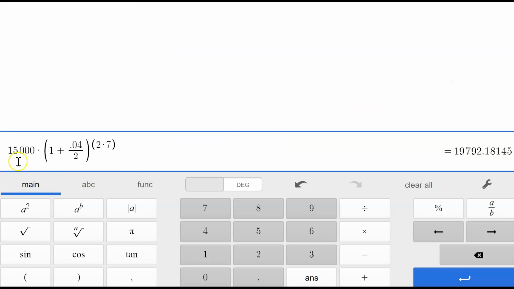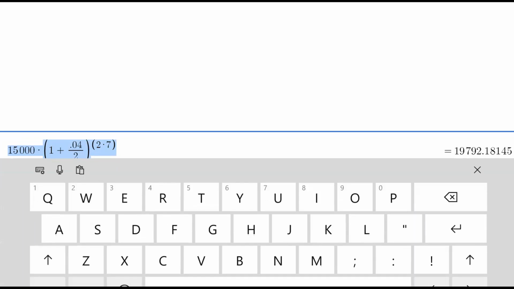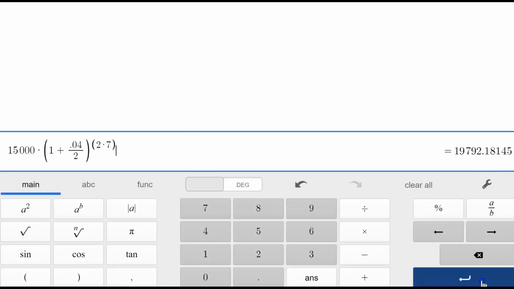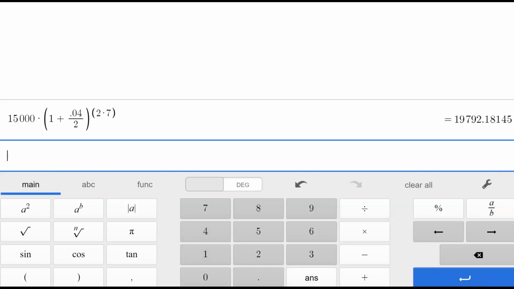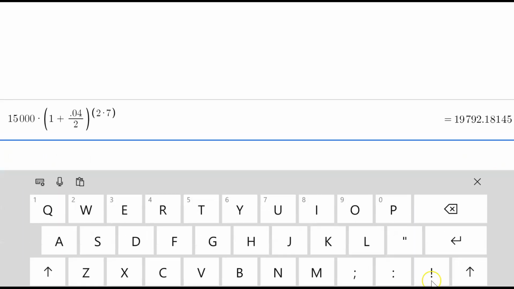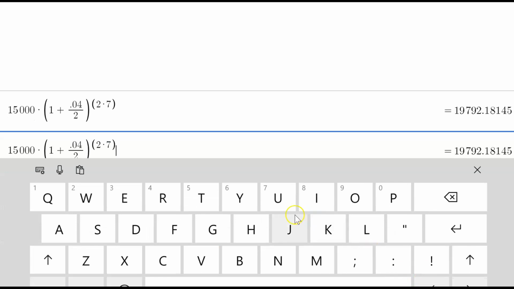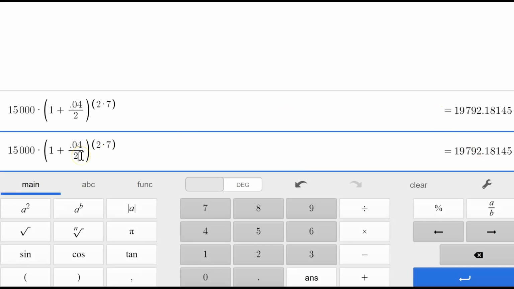Now for the letter B question, you are asked to find the accumulated value if it's compounded quarterly. So you follow the same formula. On your calculator, you just copy that formula, paste it, and change n here to 4. Since it's compounded quarterly, this 2 becomes 4.